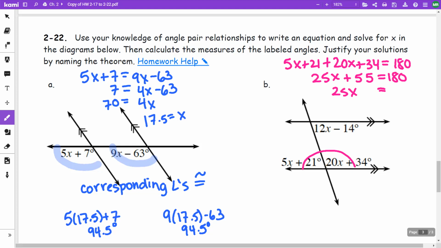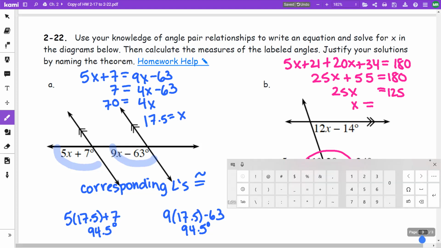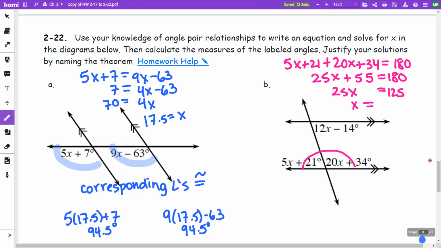I am going to take 55 from both sides, and I get 125. I'm going to divide 125 by 25, and I get 5. So x is 5.